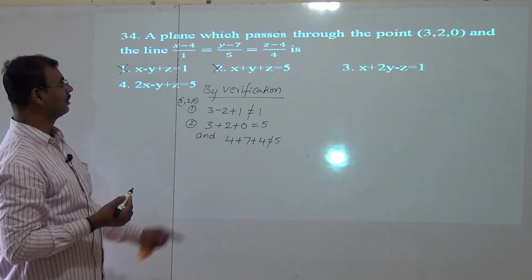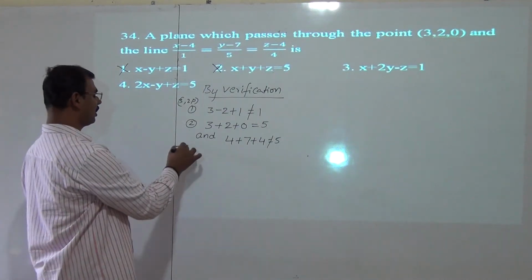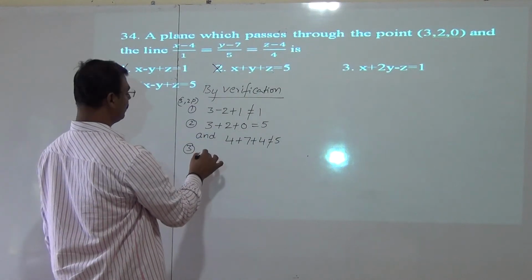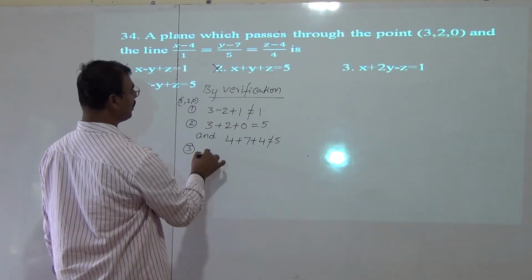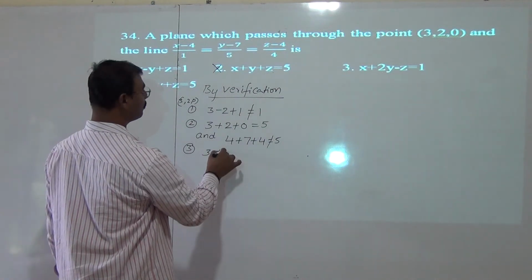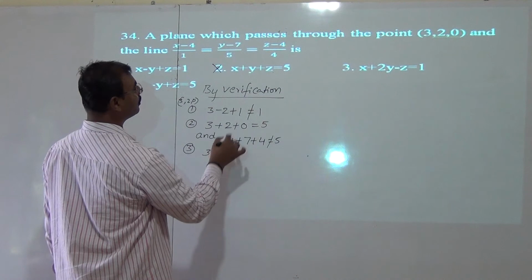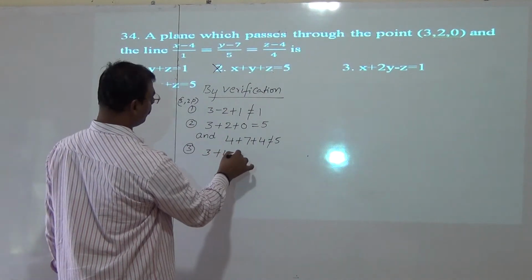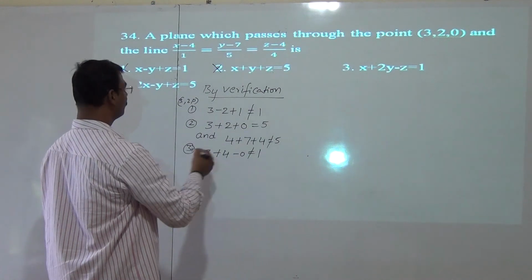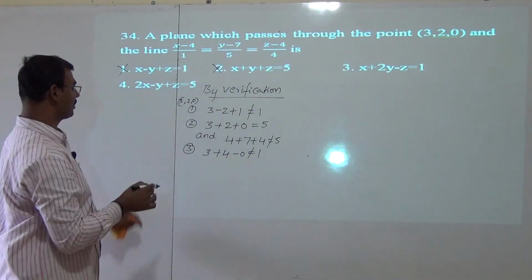Next we are going to the third option. Check the third option. Substitute the point (3, 2, 0): 3 plus 2 into 1, 2 into 2 is 4, minus 0 is equal to 1. Here also it is not satisfying. Third option also not satisfied.